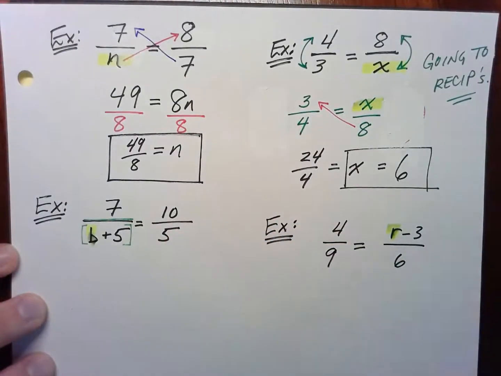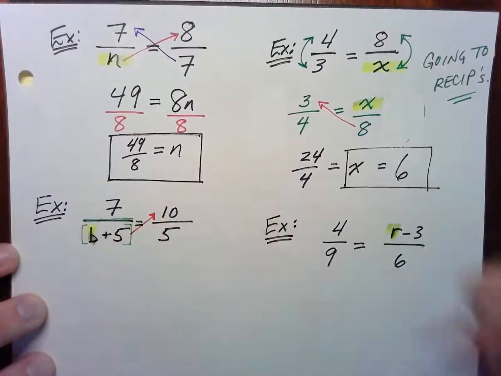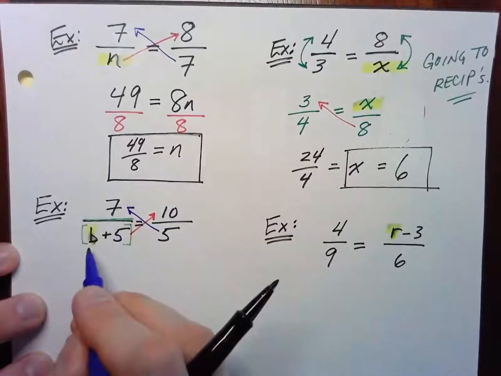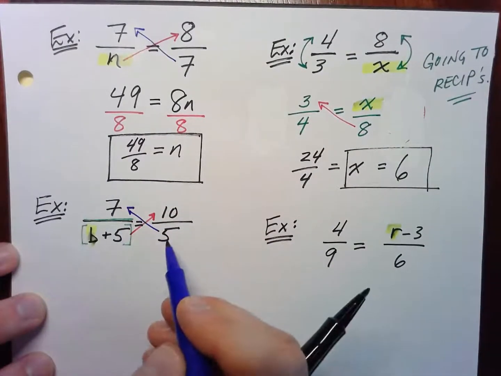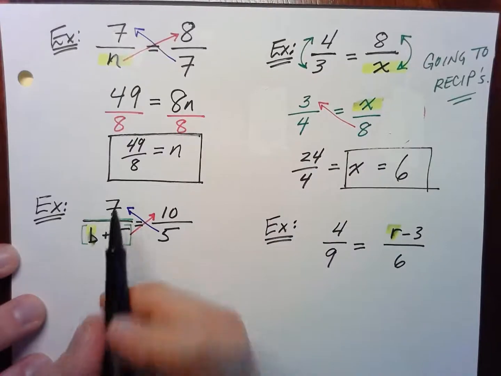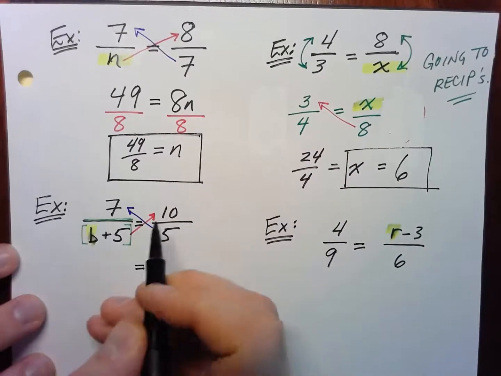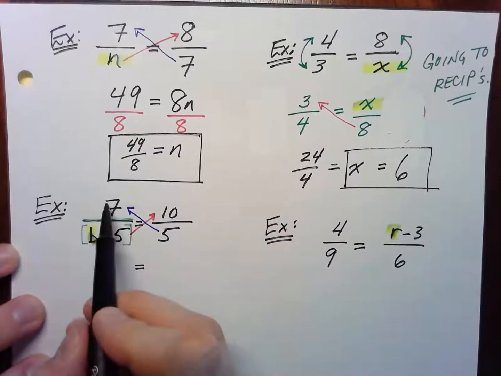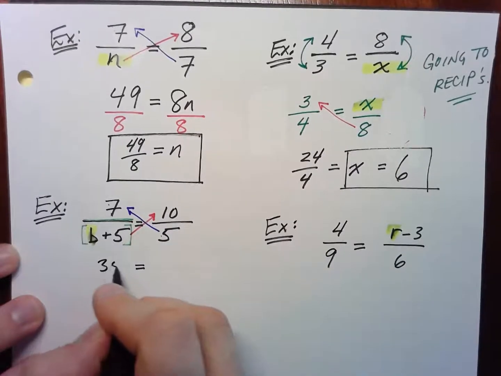So we know that we need to get this up here, and we know that we need to get this up here because I'm trying to solve for the b. So if I don't multiply the 5 up, then I'm going to have to do it later. So I might as well just do it now. So be careful and remember that when you're cross multiplying, you are in fact multiplying. Okay? So 7 times 5 is 35.